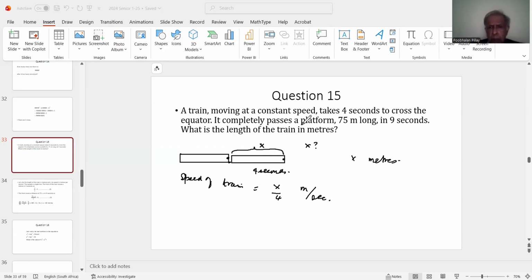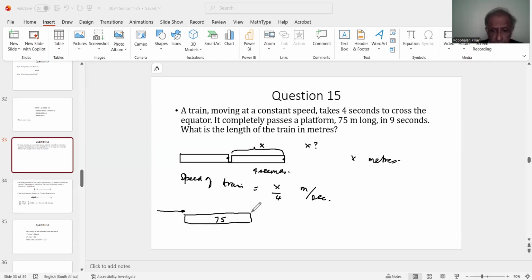Now it says here it completely passes a platform which is 75 meters long. In a station, you have these platforms. So there's a platform here, 75 meters, and it completely goes across this. So there's your train, there's the front of your train.